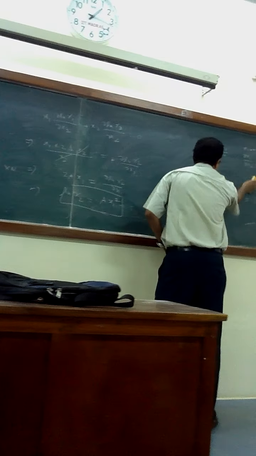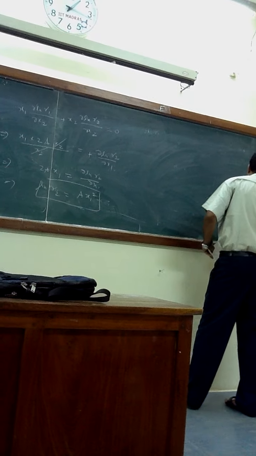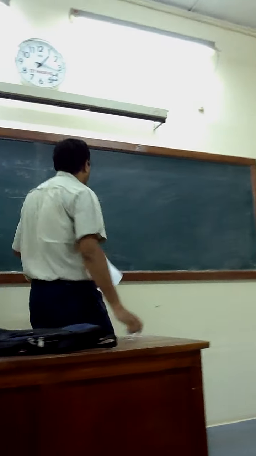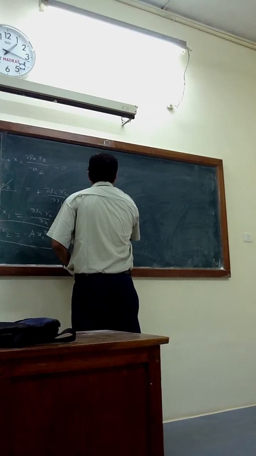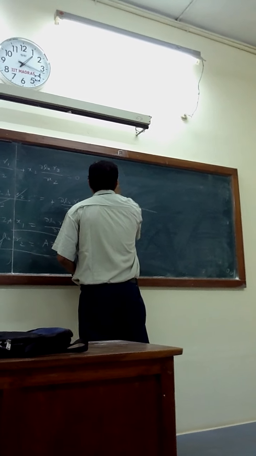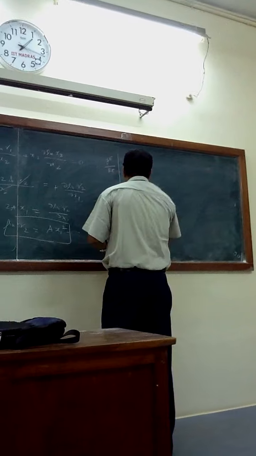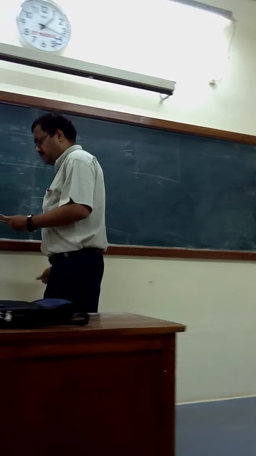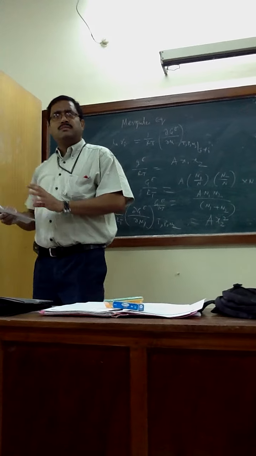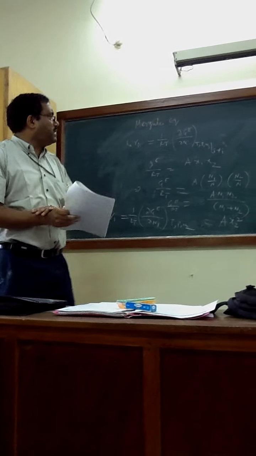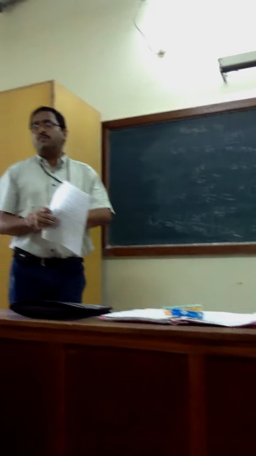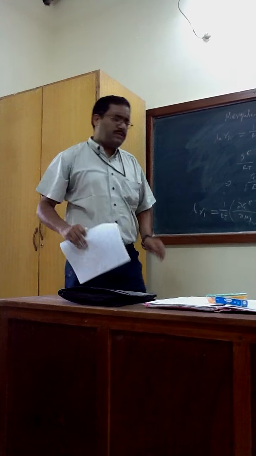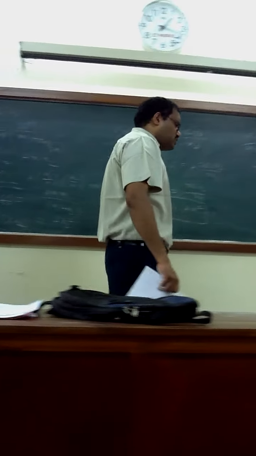If you look at G by RT as a function of x1 from 0 to 1, how will the graph look like? It is a x1 x2, no? That means a x1 into 1 minus x1, so that is a x1 minus a x1 square.